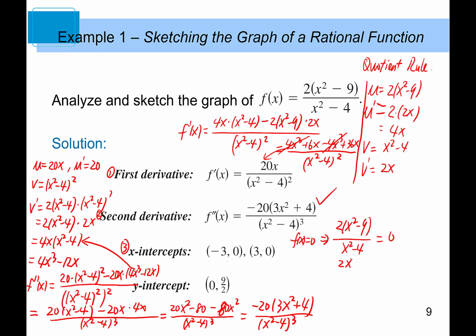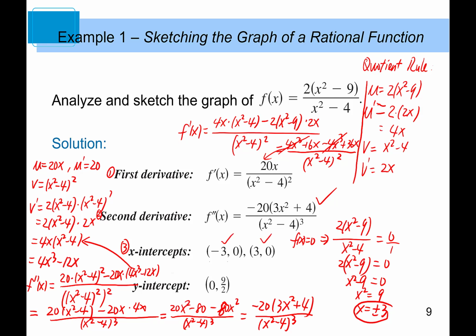So 2x squared minus 9 equals 0. You can turn it into a proportion, cross multiplying, and end up with that. So x squared minus 9 equals 0. x squared equals 9, x equals plus or minus 3. Okay, so the x-intercepts will be (negative 3, 0) and (3, 0).